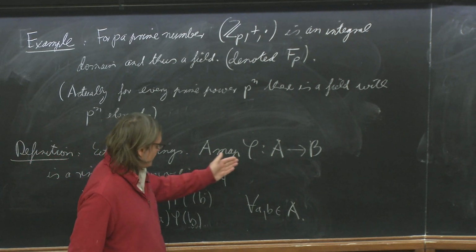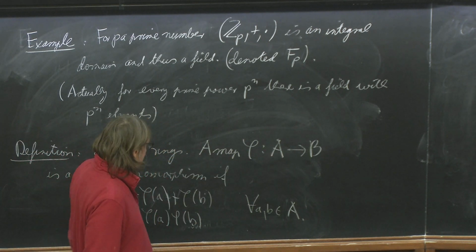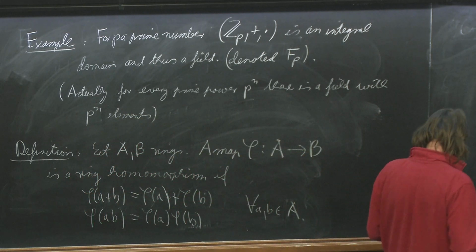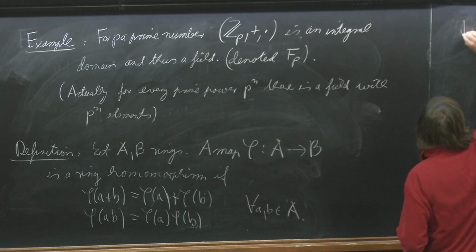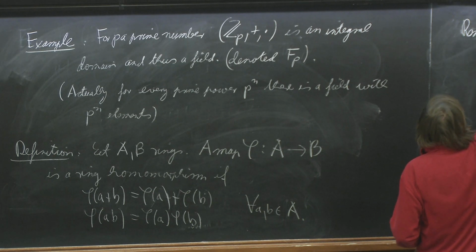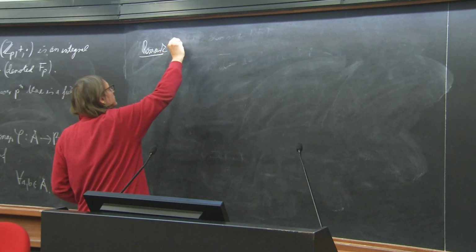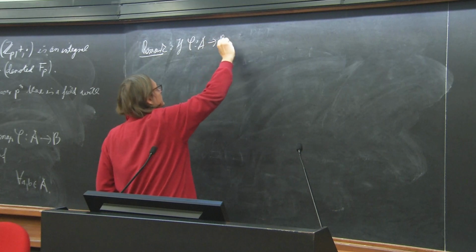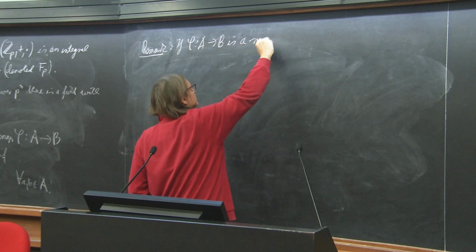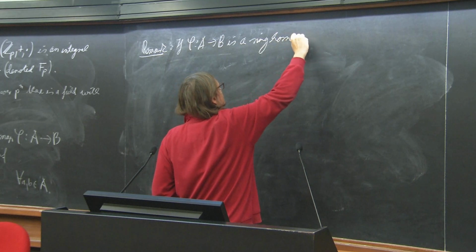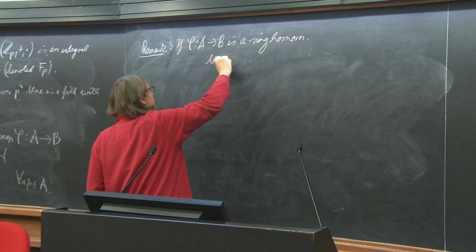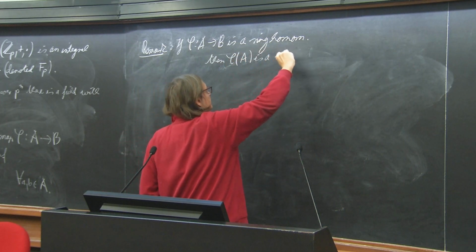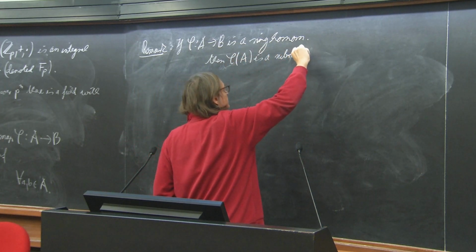So if phi is a ring homomorphism from A to B, then phi of A is a subring of B.